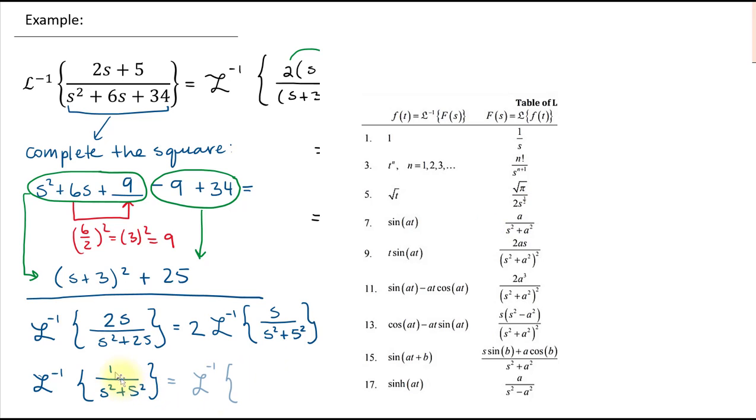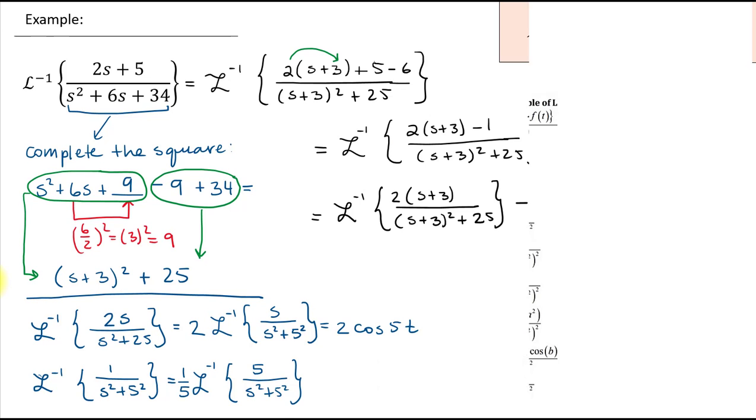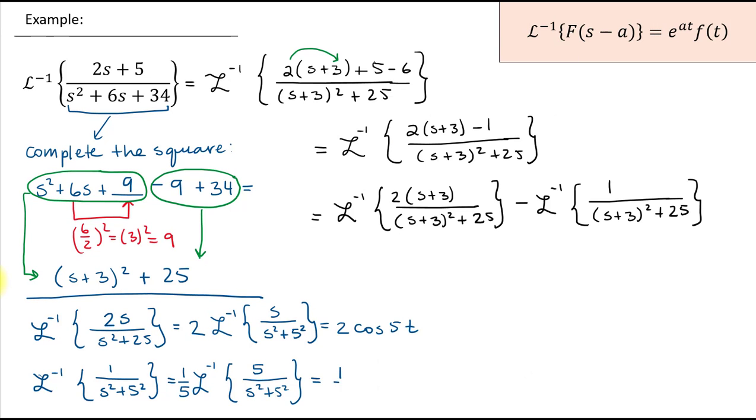So my a is 5. So I'm going to write 5 in the numerator because, well, I want it there, but to make sure that nothing really has changed, I'll have to put 1 over 5 in the front to cancel that 5 that I wrote. So that's going to be equal to 1 over 5 sine of 5t.